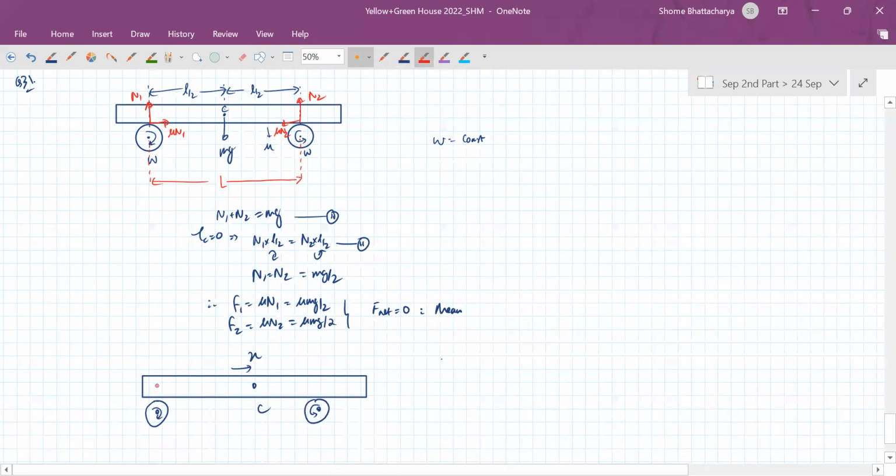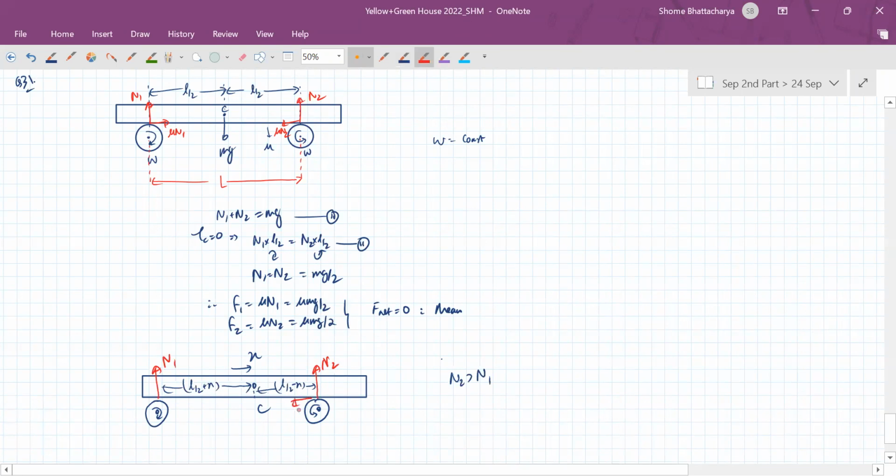Then the point of contact of N1 and the point of contact of N2 are not equidistant horizontally from the center now. This has become L by 2 minus x. This has become L by 2 plus x. So you can see that now N2 would have become greater than N1.